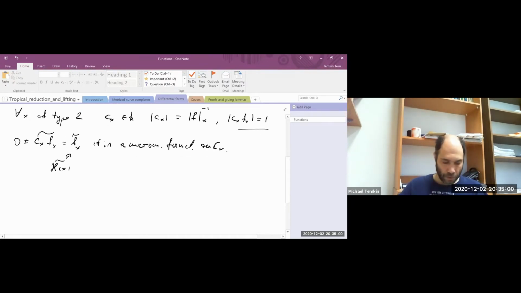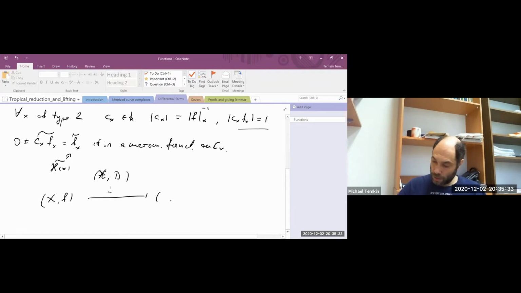Now we can associate to X, D and f, so we start with X and f, a choice of a semi-stable model of X and D helps us get the following tropical reduction data.